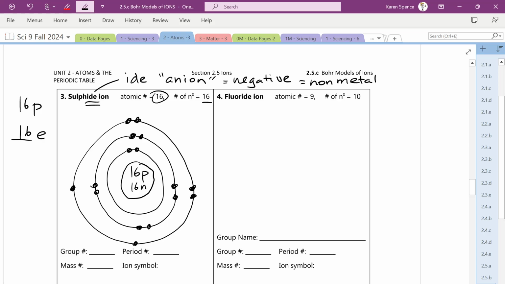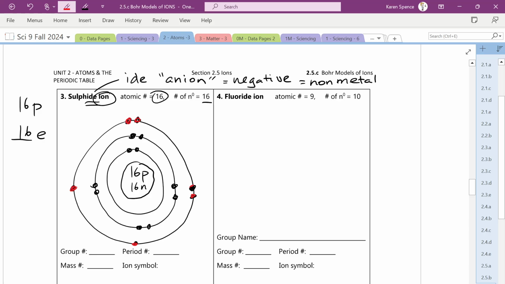And if you were just drawing a sulfur atom, and that's one thing you have to be careful of on the quiz, notice whether it says atom or whether it says ion. Yes? Okay. We want an ion here, so we have to do something. We have in our outer shell 1, 2, 3, 4, 5, 6 electrons.